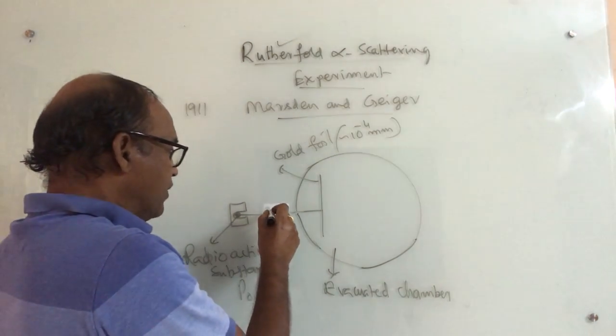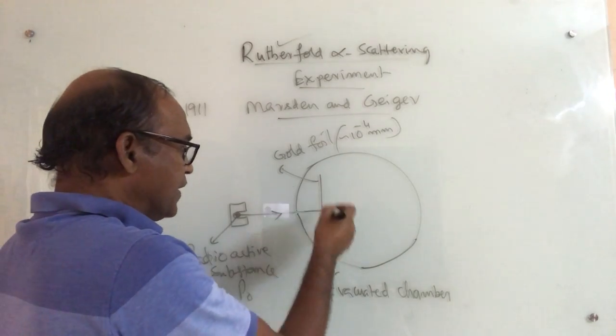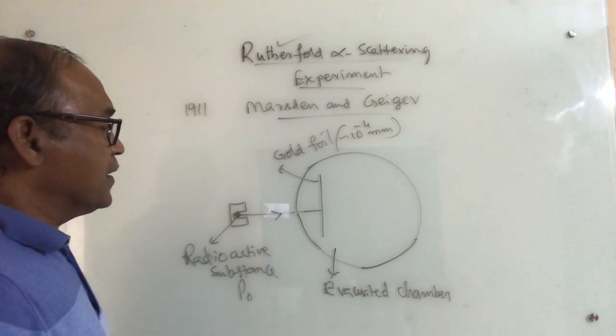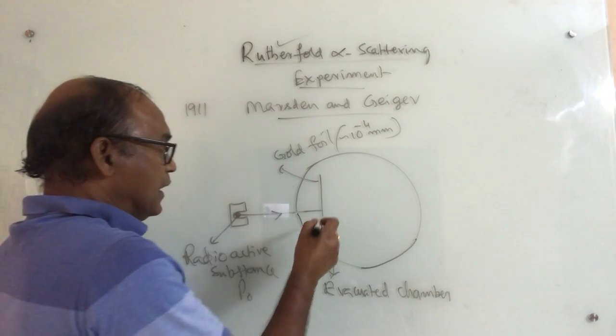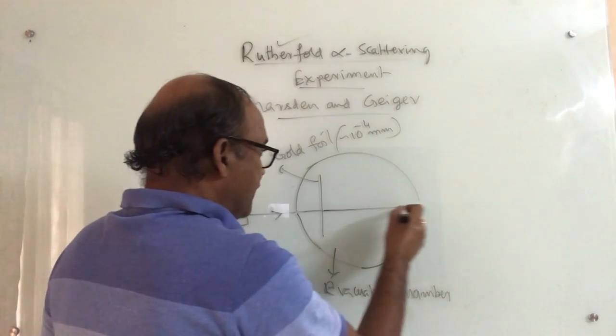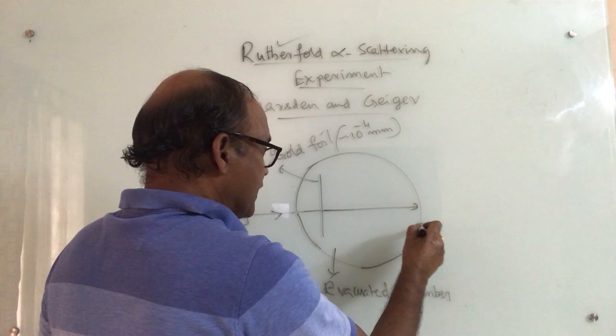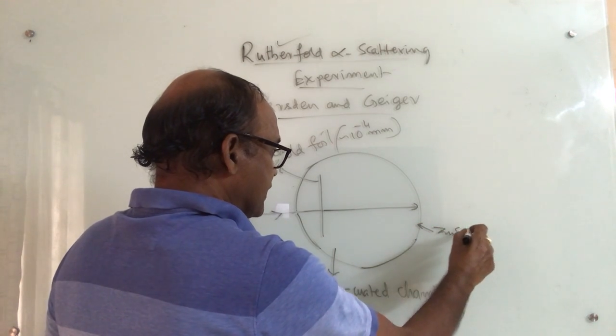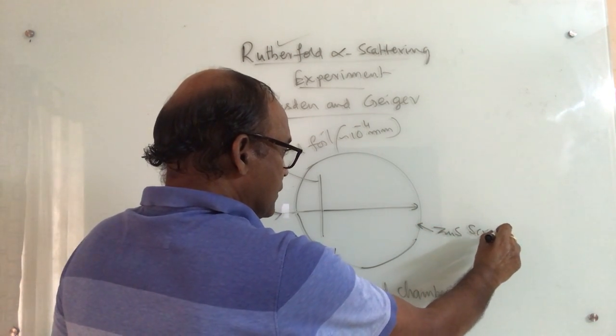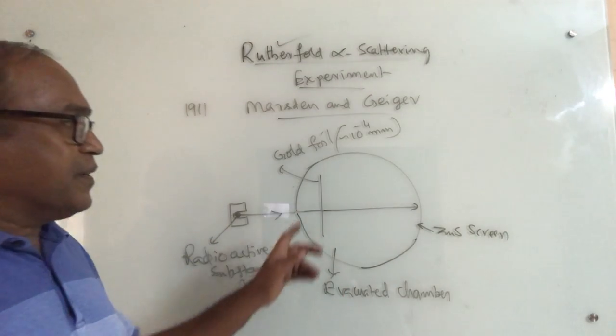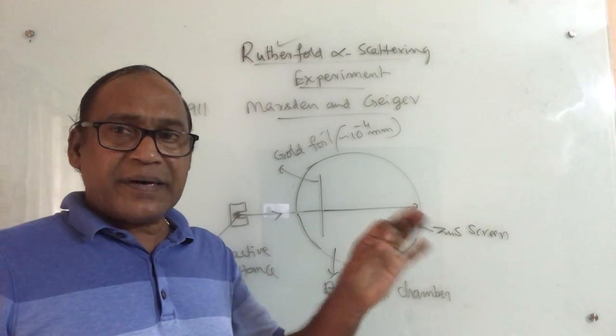Once the alpha particles are allowed to pass onto the metallic gold foil, what was observed? This is the zinc sulfide screen. Wherever alpha particles fall on the zinc sulfide screen, sparking is noticed.